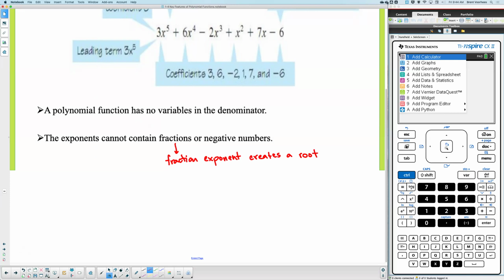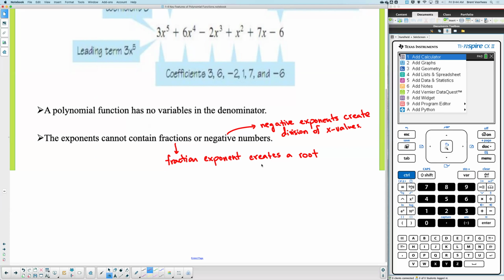And I just told you you're not allowed to have roots. That's because we're not allowed to have fraction powers. And the exponents also cannot be negative. A negative is what dividing by x is. Negative exponents create division of x values.